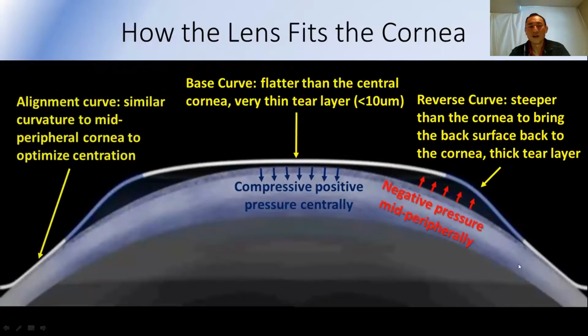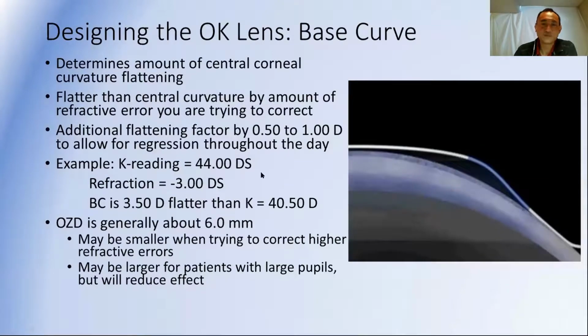And then you have an alignment curve in the mid-periphery that creates some mild compression. So actually you have two compressive zones, in the center and then the periphery. And in between that, you have this negative pressure zone that brings the cornea out. And the more pressure you have centrally and peripherally, the more this mid-peripheral part comes out, and the more myopic correction you have, and the more myopic control effect you have.